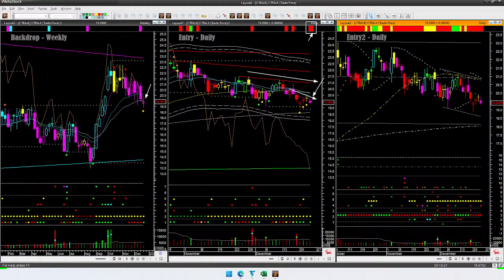Near the value area, lower boundary is a significant distance away. Stop is nearby, just above recent high. So CTRA is giving a possible go with flow short setup. You may keep an eye on this stock next week.